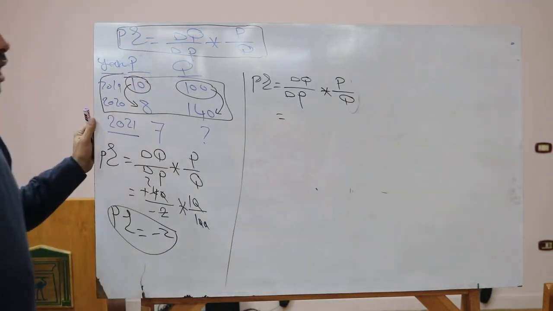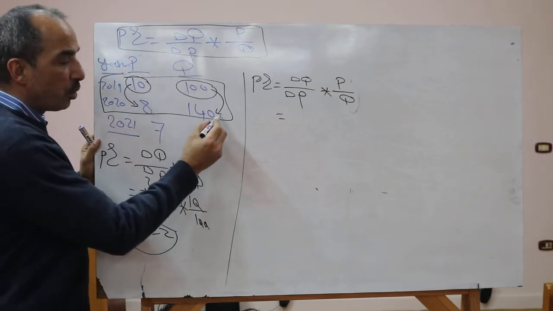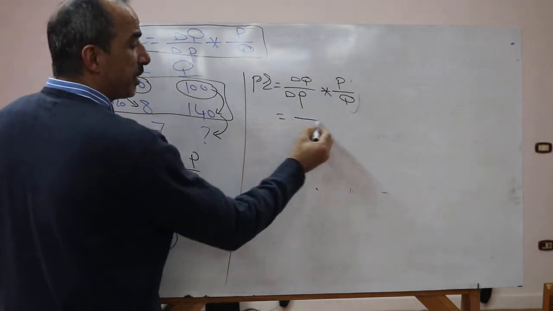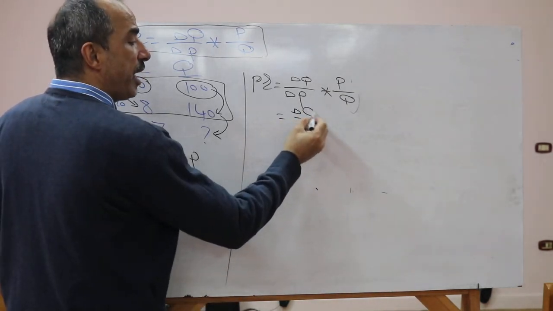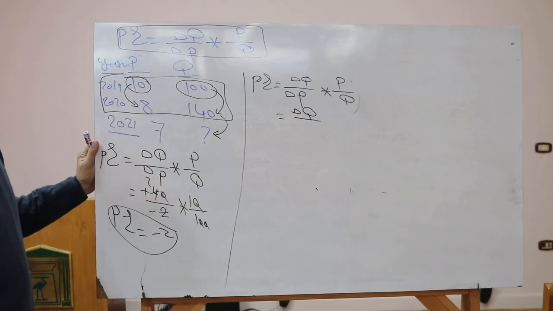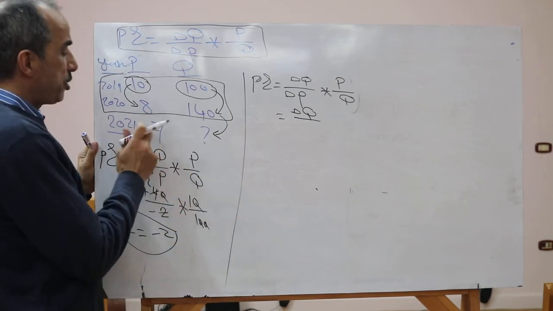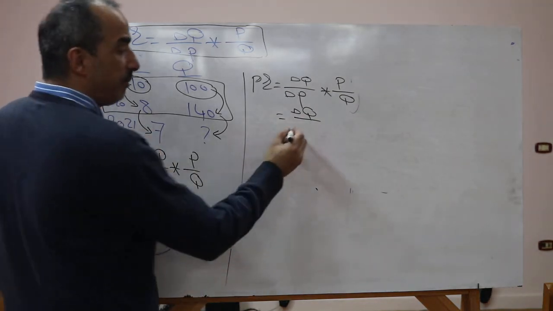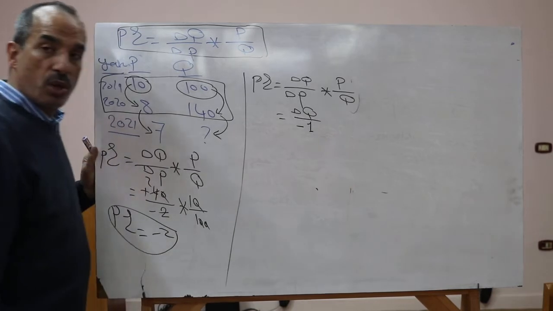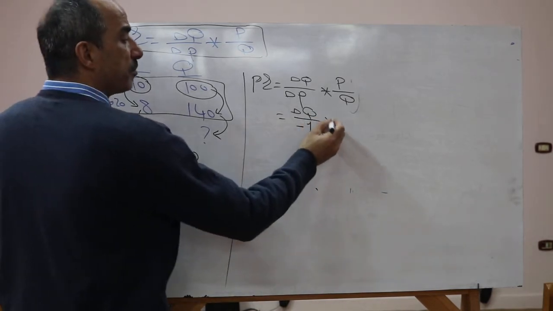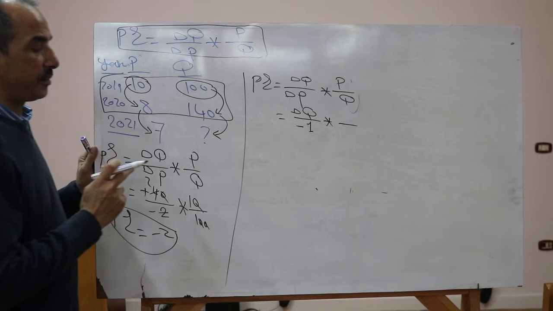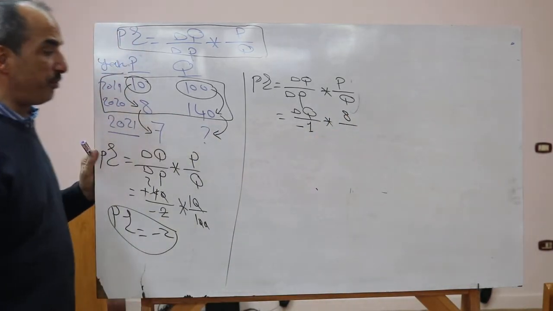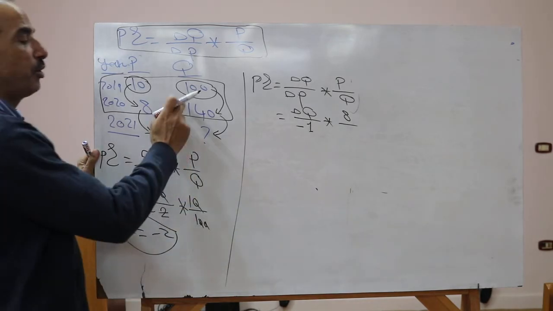Change in quantity we don't have, we don't know. Change in price: the price decreased from 8 to 7, minus 1. Times price before change, equals 8, over quantity before change, 140.